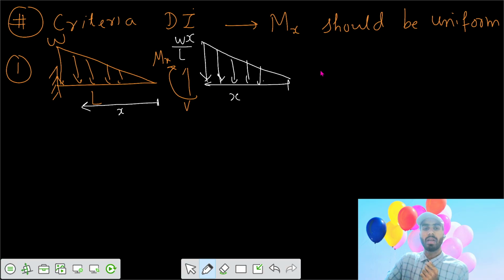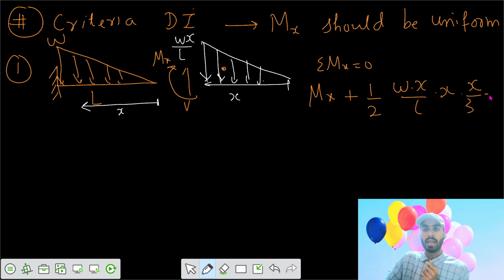Let's say the summation of moments at x equals 0. Then we have the bending moment at x in the clockwise direction, plus the area of that triangle, 1 by 2. This is also clockwise. 1 by 2 into W x by L into x. It acts at x by 3, and that equals 0.